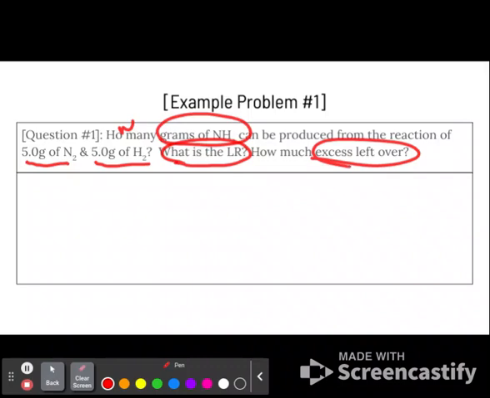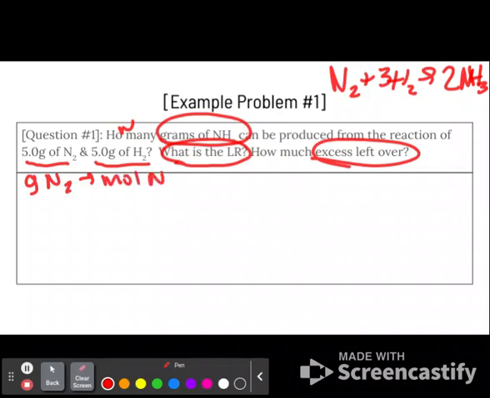However, we did look at this one in a previous lesson. So it would be N2 plus 3H2 yields 2NH3. So now that we know that, we can look at our steps here. For both of these, we're going to go grams of N2 to moles of N2, because we need to change products, to moles of NH3.